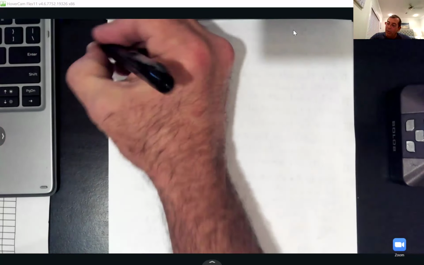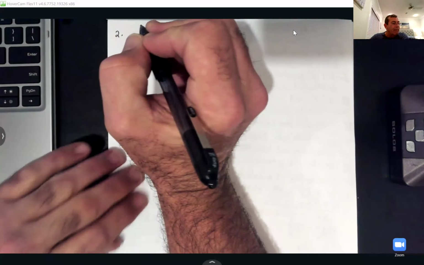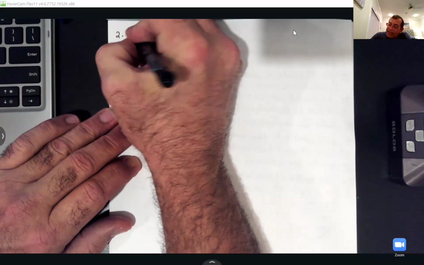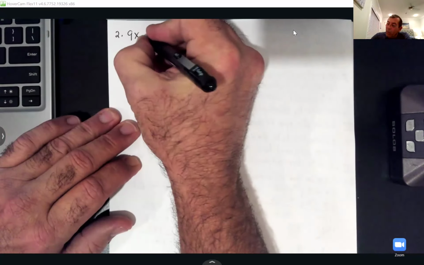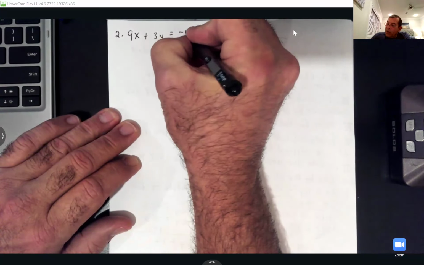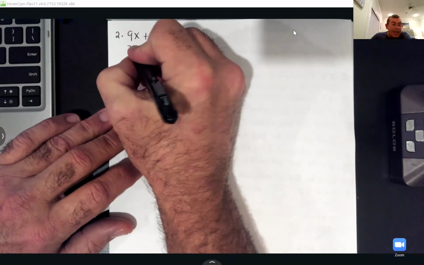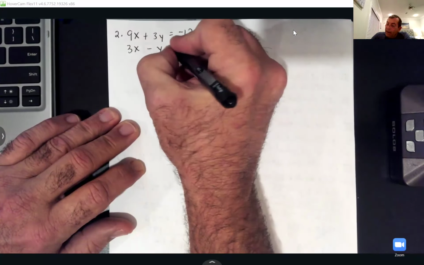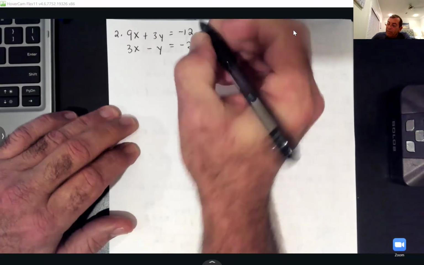I could straight up add them, and I had variables that were going to eliminate each other, okay? So let's see here. I've got 9x plus 3y equals -12. Then I've got 3x minus y equals -2.